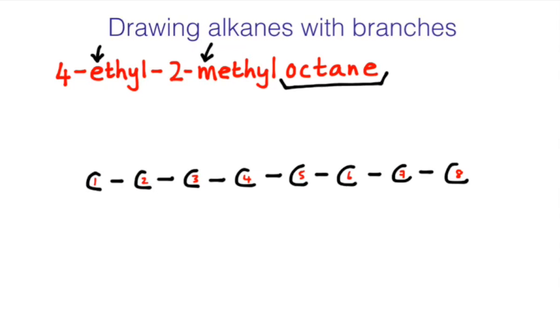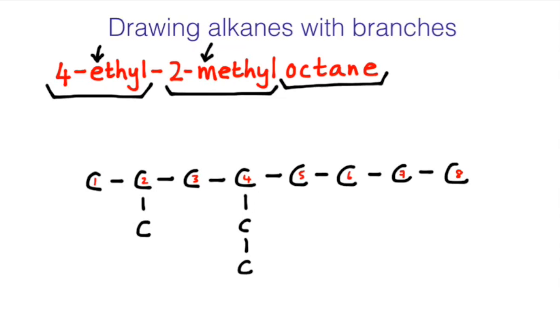The convention says that the substituents on the main chain are ordered according to alphabetical order, not numerical order. So the E for ethyl comes before the M for methyl. All right, 4-ethyl, that means on carbon number 4 we have an ethyl group. That's a 2-carbon group.